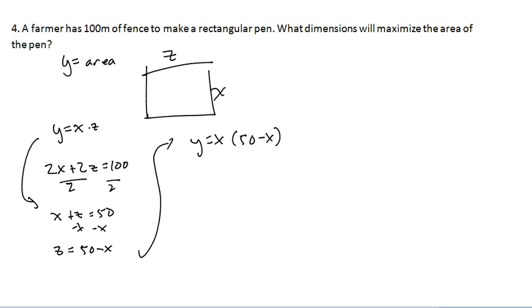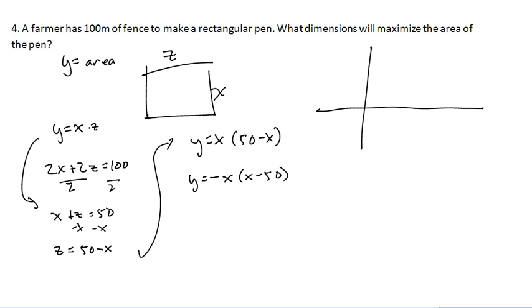And this is nice. This is actually already in factored form. One thing I'm going to do is I'm going to factor a negative 1 out of this 50 minus x just to make things look more familiar. So we'll end up with y equals negative x times (x minus 50). Okay, which means we have a pretty good idea what the graph's going to look like.